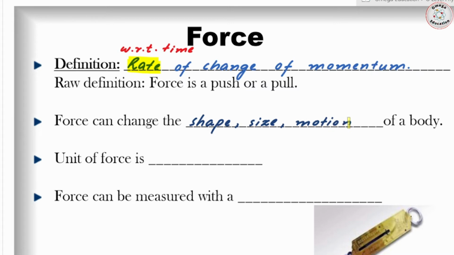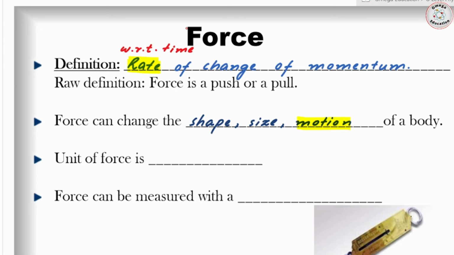For example, if an object is moving slowly, the force can make it move faster. If an object is moving faster, the force can make it move slower. If an object is at rest, not moving at all, the force can make it move. And if an object is moving, the force can make it stop. So it has different cases. But it is generalized as the force can change the state of motion of an object.